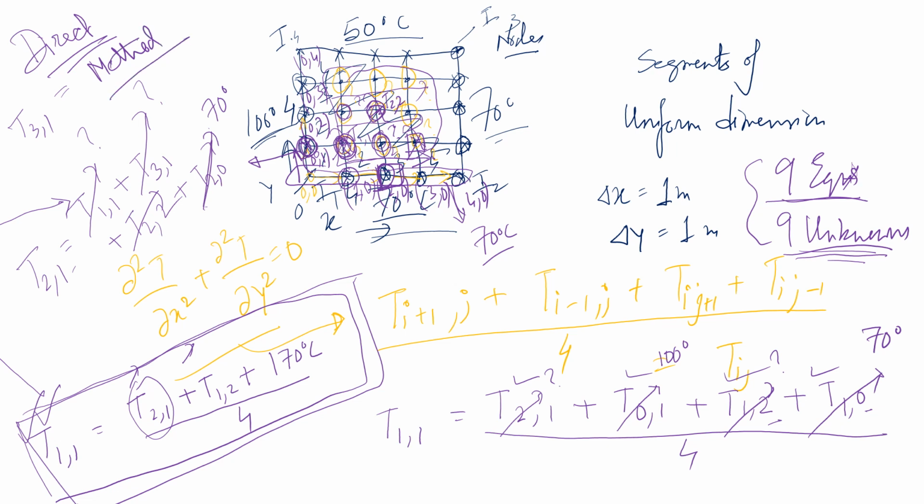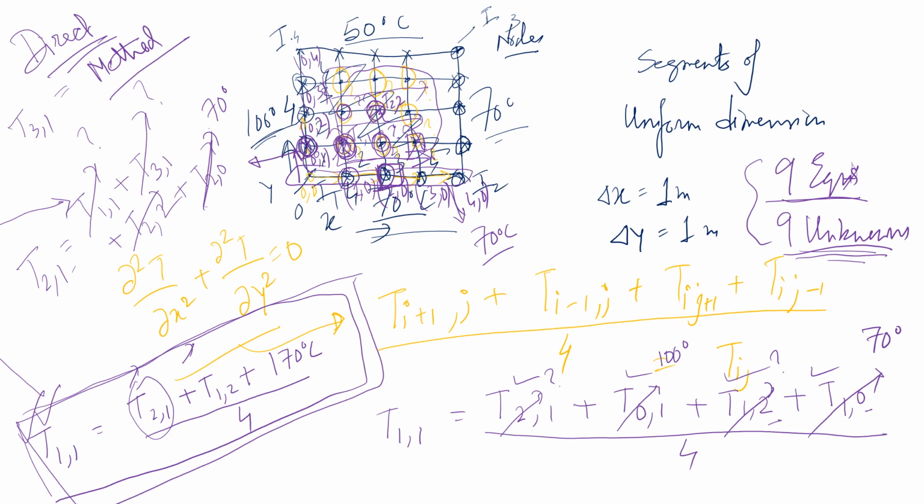Direct method of discretizing the elliptic PDE, which represents here in this example the temperature distribution in the internal area of a square metal plate.